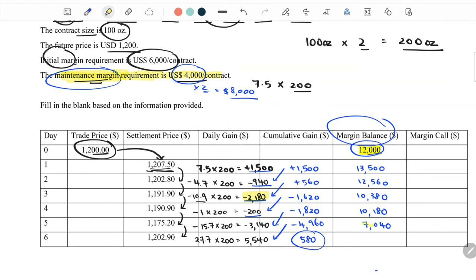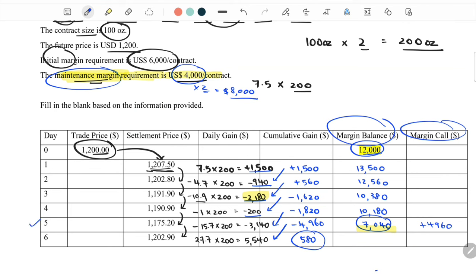Obviously the margin balance is below 8,000 already, so we will receive the margin call. The margin call requires the investor to top up the money from 7,040 all the way to 12,000, so they have to top up around 4,960. This is where they receive the margin call in day number 5.